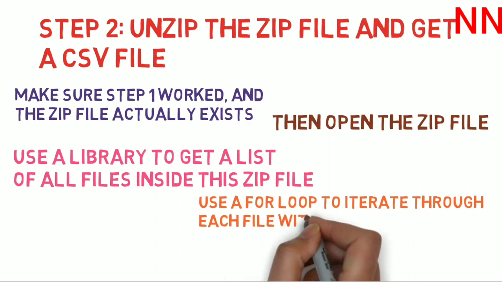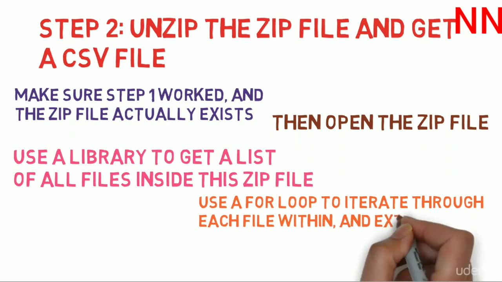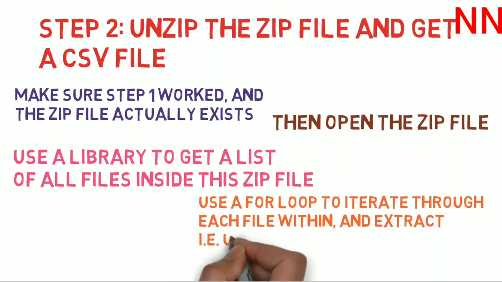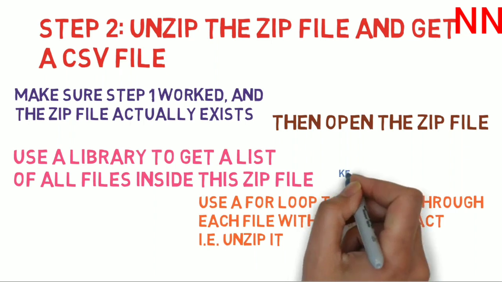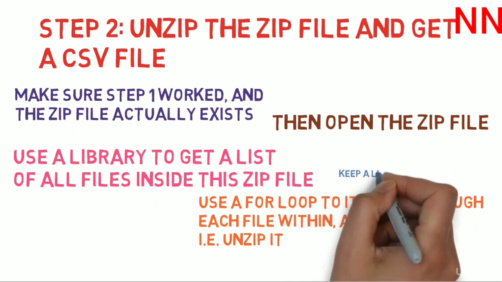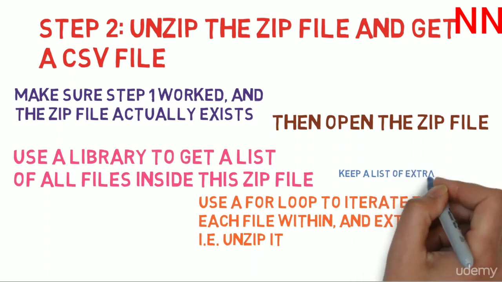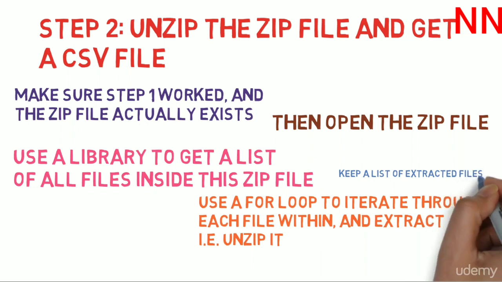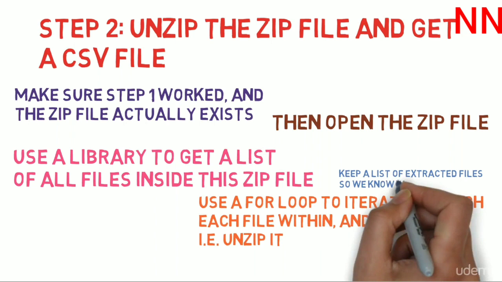So we'll use a for loop to iterate through each file and extract it. We'll keep track of the list of files that we have unzipped in a list, so that we'll know which are the files that we have extracted from within the zip file.